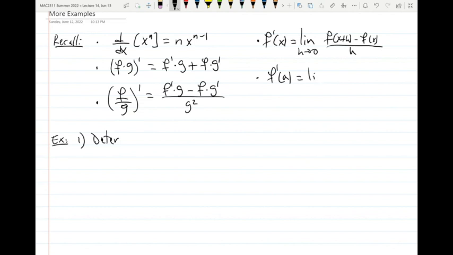The limit as x approaches a of f of x minus f of a over x minus a. It's just a difference quotient, the average rate of change from a to x. This is the slope of the line that connects the point a comma f of a and x comma f of x. And then you take the limit.